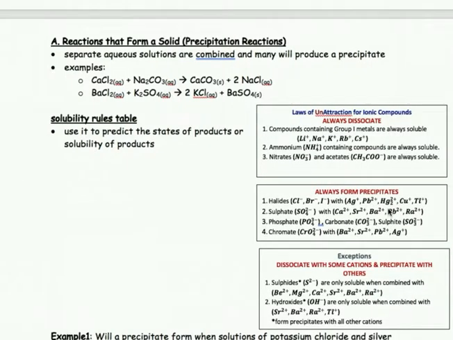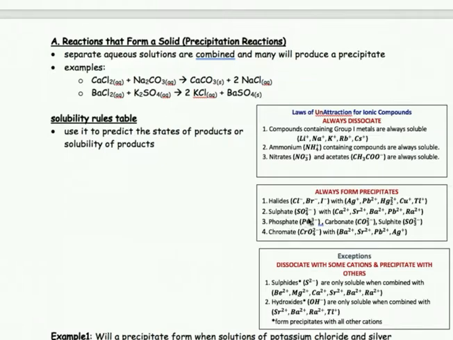Here is mercury 1, that special one for mercury, like a diatomic metal, so that's mercury 1, copper 1, and thallium 1. These are multivalent, so silver isn't, but these 4 here are multivalent, so it has to be these specific charges. And if they combine with these halides here, they will form a precipitate.